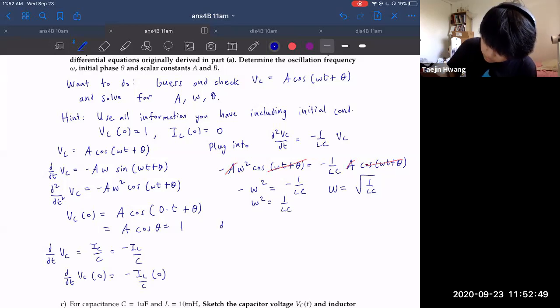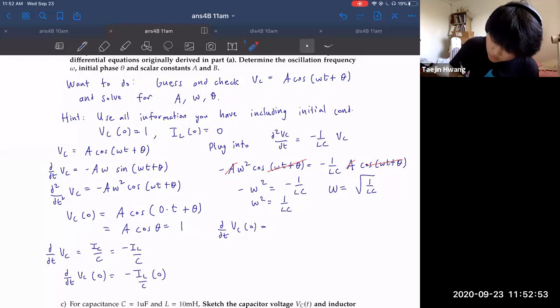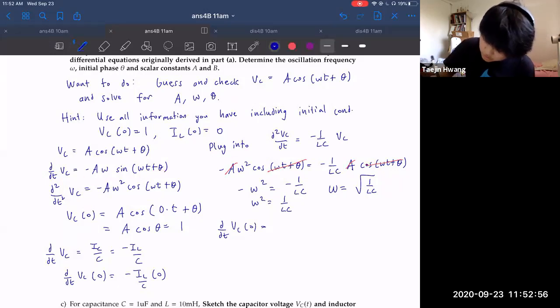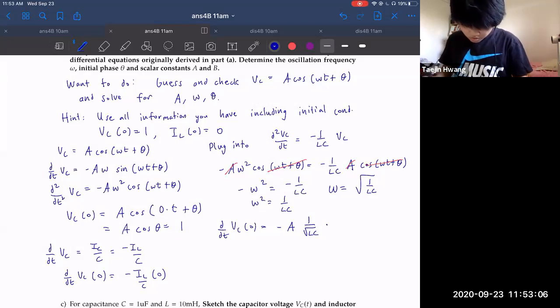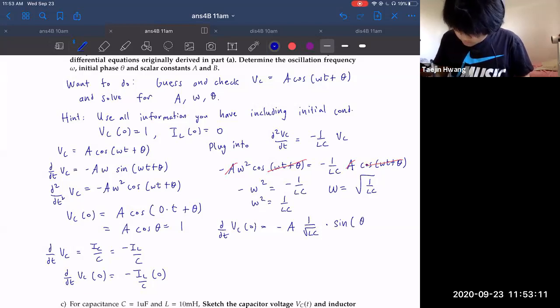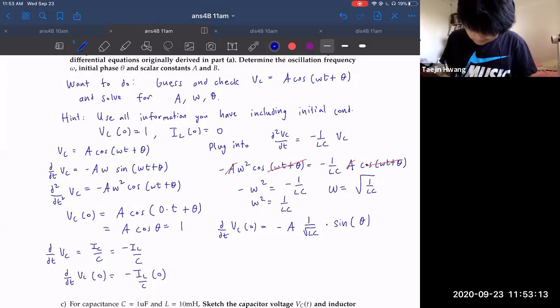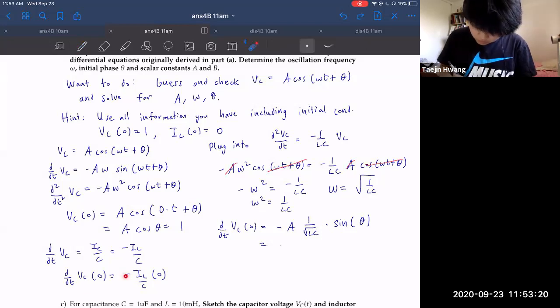dVC dt of 0 is going to be equal to minus A times 1 over the square root of LC times sine of theta, which is going to be equal to negative IL of 0 over C, which is 0.